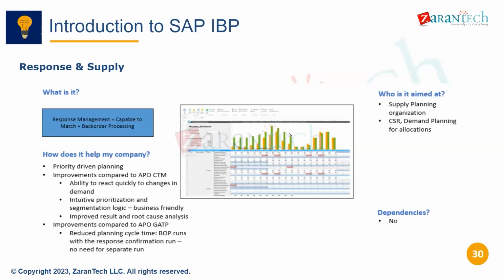So the last but not the least is response and supply. It's basically the gap between demand and supply. So here you get to understand what your unconstrained demand and your constrained supply are. There you need to have the action items to improve your supply capabilities.